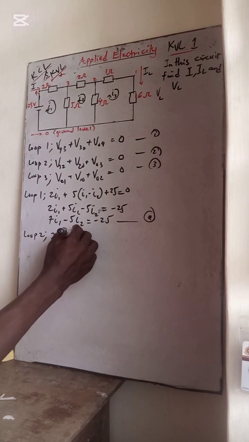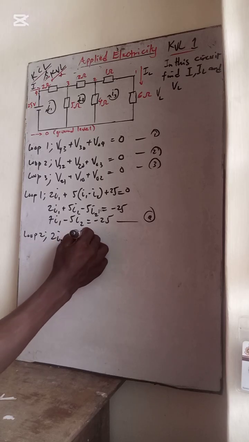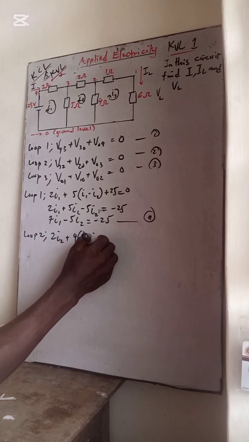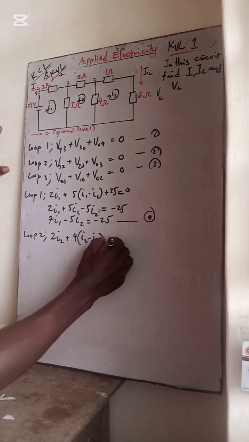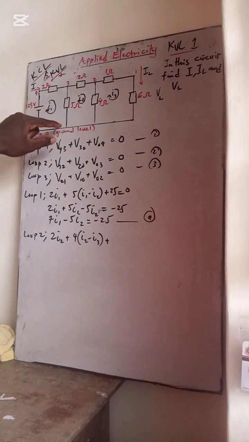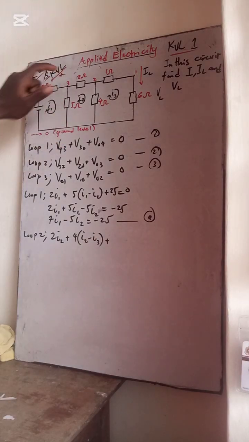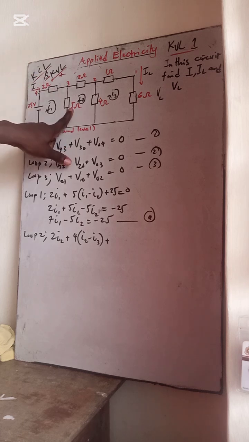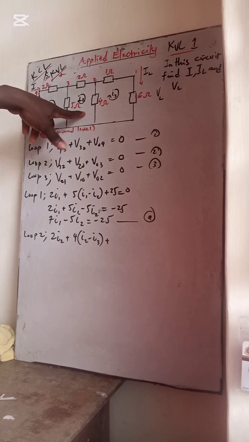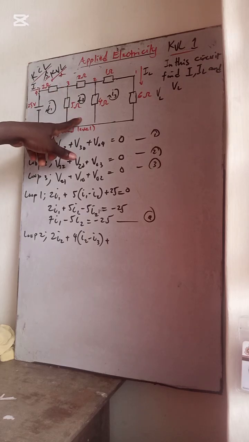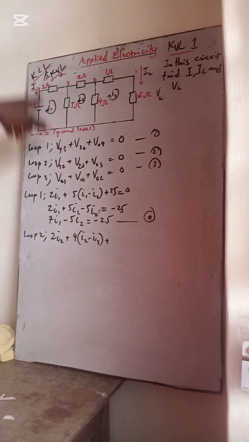So that will be 4 into brackets I2 minus I3, and plus, now be careful here also, V03, from ground level to this junction 3. You have this 5 ohm resistor serving for this side and this side. But note that this is the loop that we are considering. So this I2 is going to be coming first. It's going to be 5 into brackets I2 minus I1.